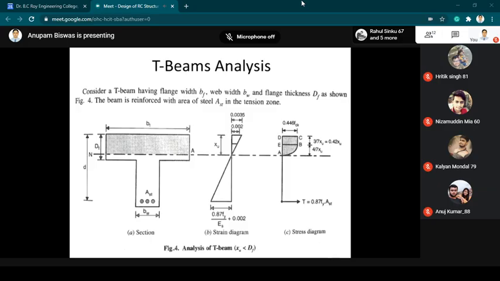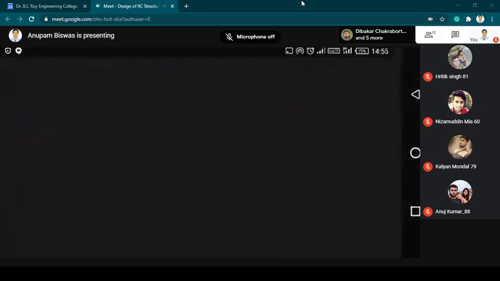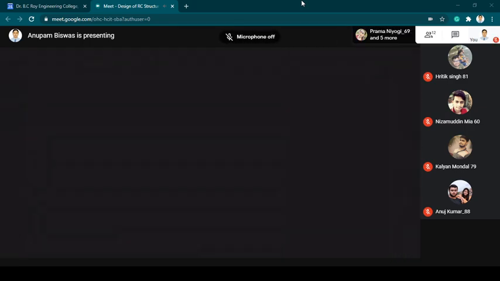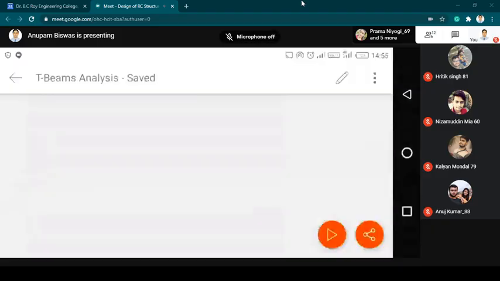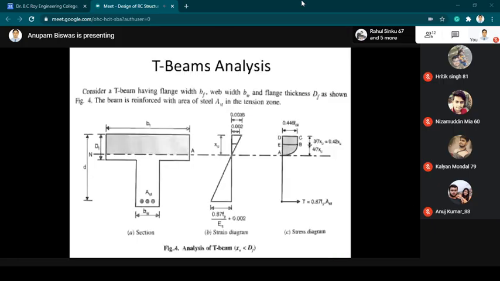The level of the strain diagram, it is similar to your rectangular section.